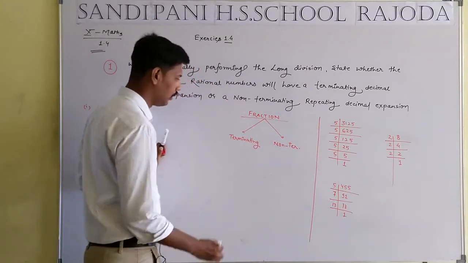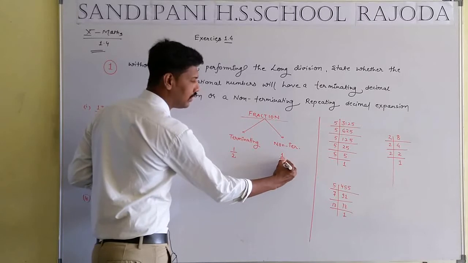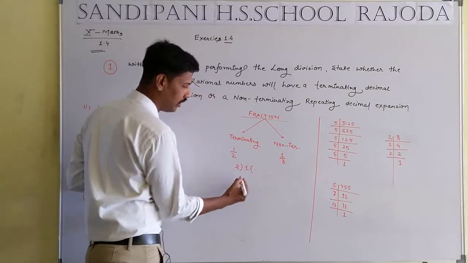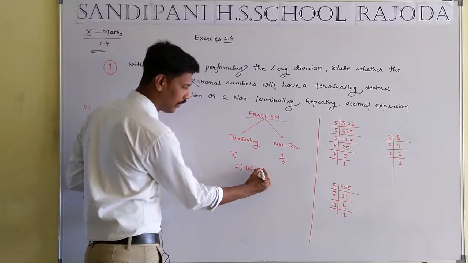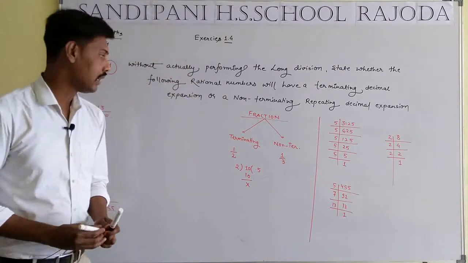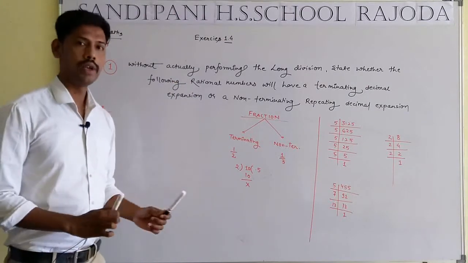Students, when I talk about 1 by 2 and 1 by 3: 1 divided by 2 is 0.5, that means it finishes. एक ऐसा जिसको डिवाइड करने पर पूरा फिक्स आंसर आता है उसको हम बोलेंगे टर्मिनेटिंग.